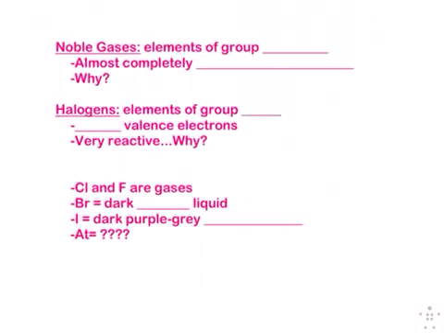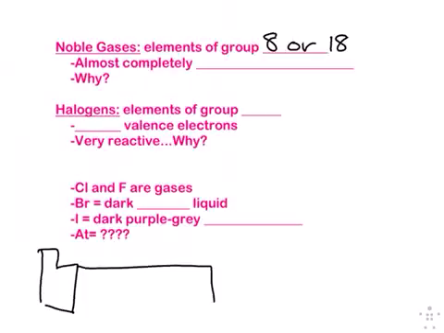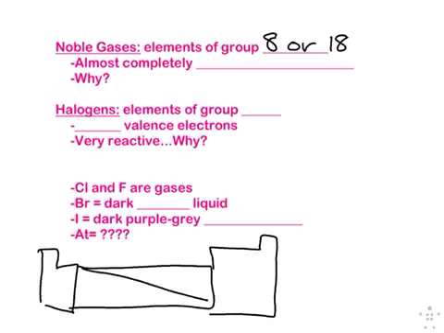So then, talking about the noble gases, these are elements in group 8 or 18, depending how you want to look at this. The periodic table has your S block, then your transition metals, and then the P block. Sometimes we skip the transition metals when we number the columns.